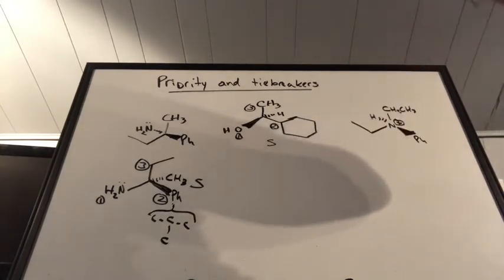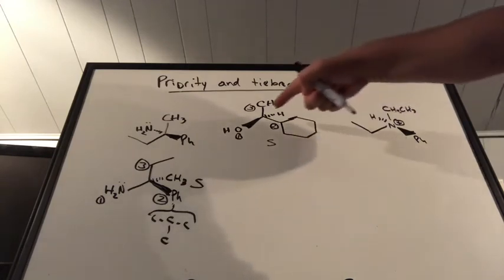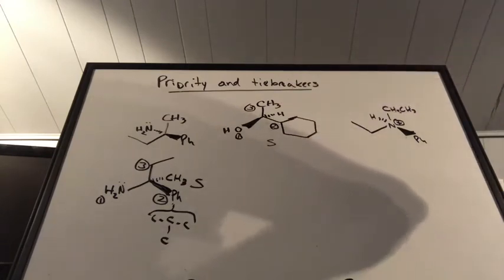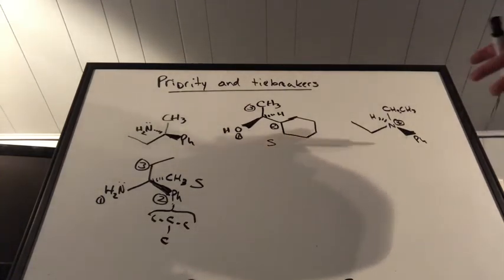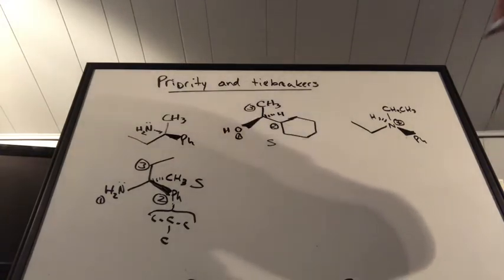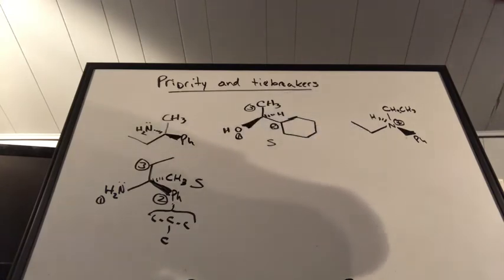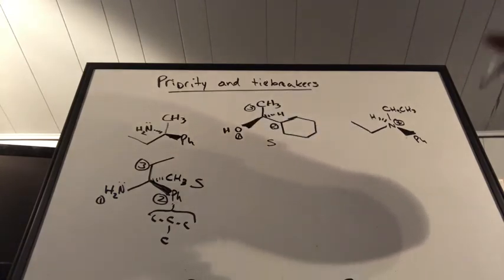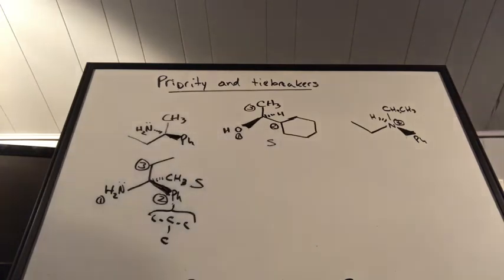So remember that you have to have 4 different substituents branching off of that stereogenic carbon, or nitrogen as it were, to actually make it stereospecific. If you have two things that are identical, whether it's in a ring or part of a linear species, that means it is not stereospecific.